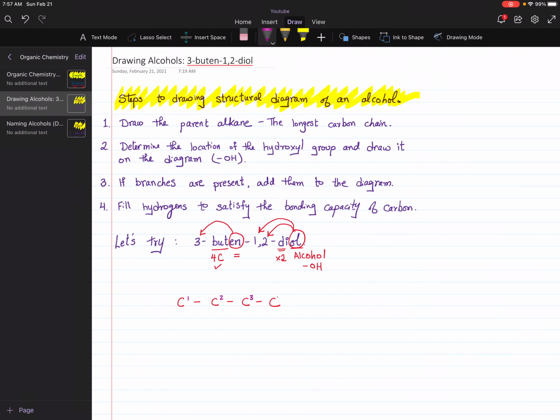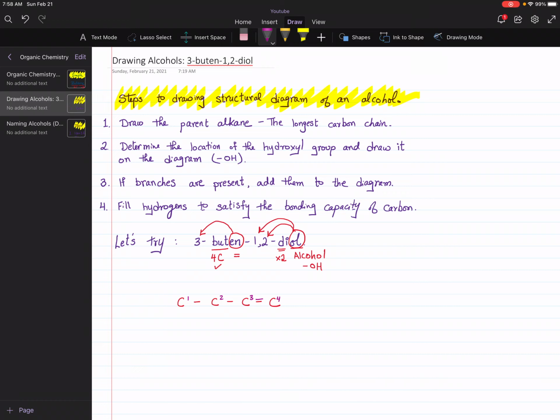Now going back, on the third carbon we have a double bond. So starting from the first carbon, 1, 2, 3. On the third carbon, that means between the third and the fourth, we have a double bond. And so we have added a double bond at position 3.